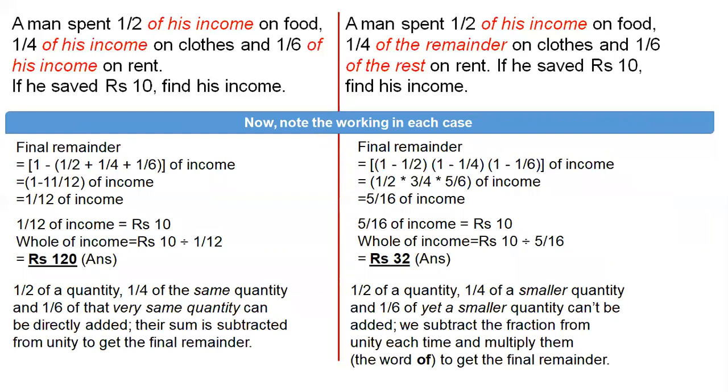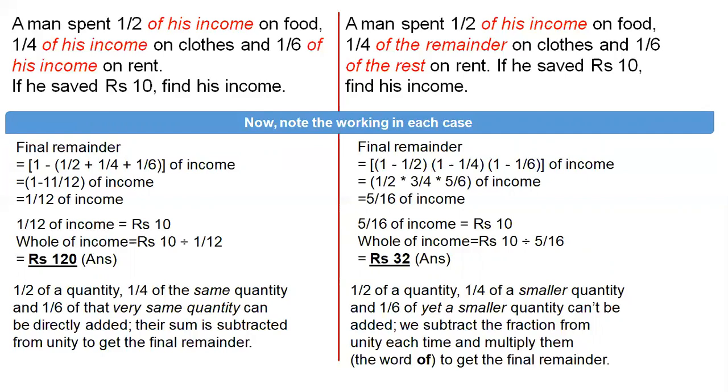Now see how we work out. On the left, we add all the fractions and subtract from 1. 1 minus the sum of all the fractions, and we get 1/12. So we say 1/12 of income is ₹10, so whole income is ₹120. On the right side, we can't add the fractions because they are fractions of different quantities.